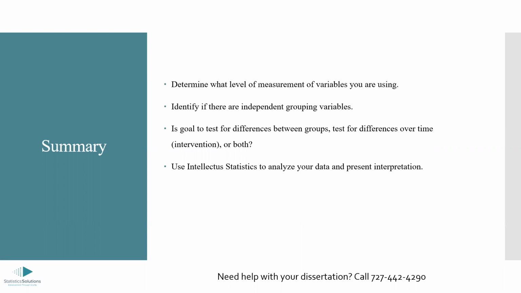So we looked at gender before, we looked at ethnicity, we looked at treatment A, treatment B, control. So you need to know if you have partitions into groups. Then identify if you're looking to test for differences between groups. Are you looking to test for differences over time, or are you using both? And then once you collect your data, you can use Intellectus Statistics to analyze and present your interpretation in APA format.